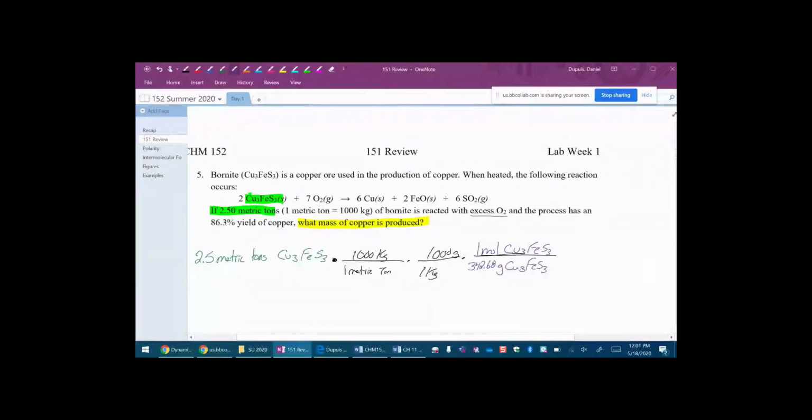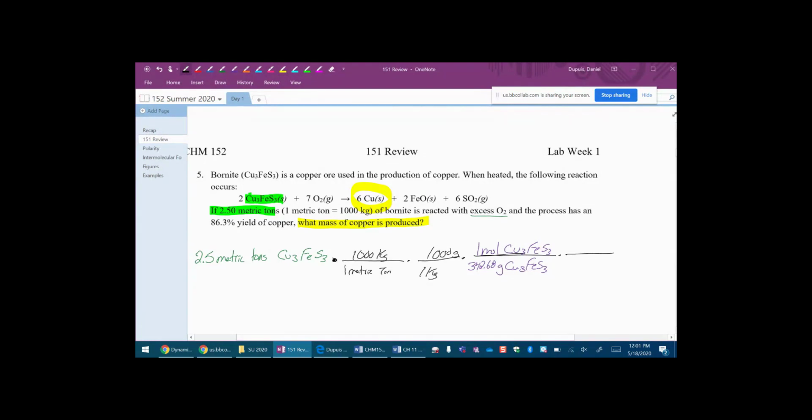All right. Then, now I'm in moles of my bornite, which is my iron ore, my copper ore. Now, we want to know how much copper we make. So we're looking for that one.